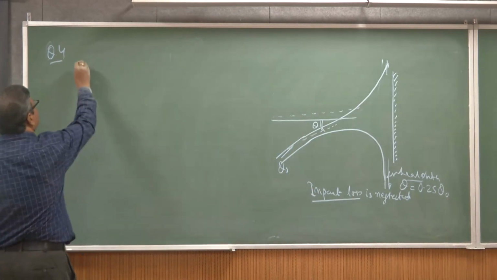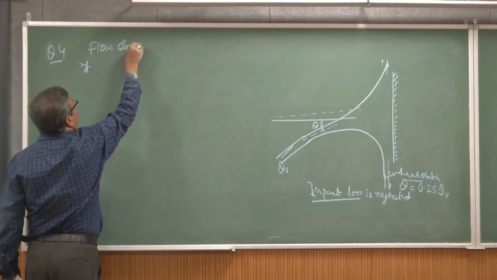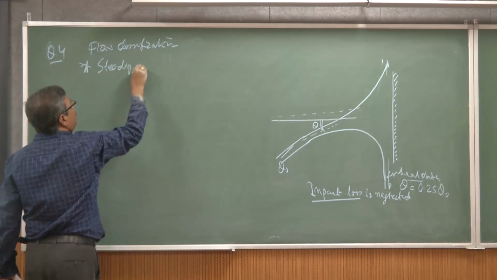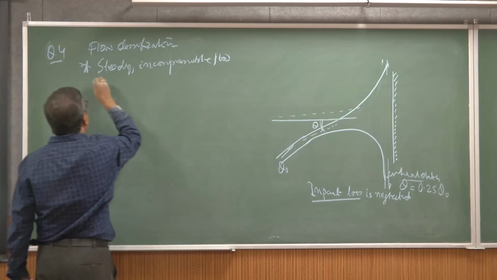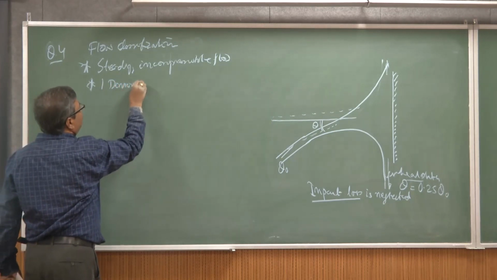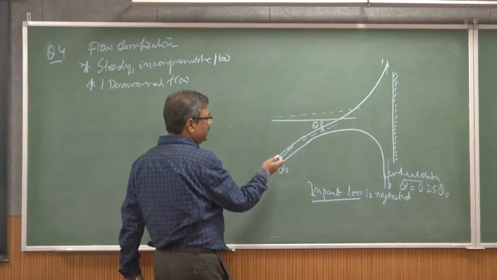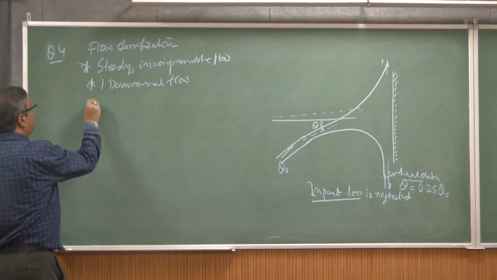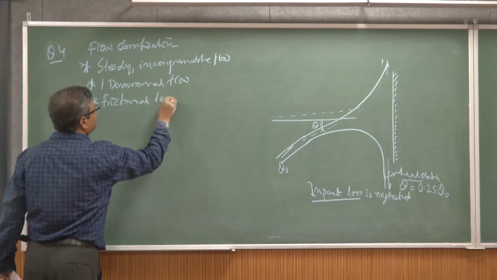So if you look at this case, we can classify the flow: steady, incompressible, and we can consider it as one-dimensional flow, even if it looks two-dimensional, because we will resolve the force components in the x and y directions, so we can make it a one-dimensional flow component, and frictionless flow.